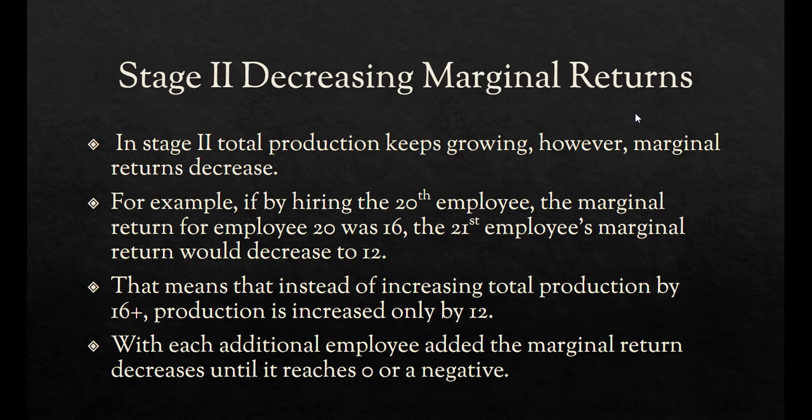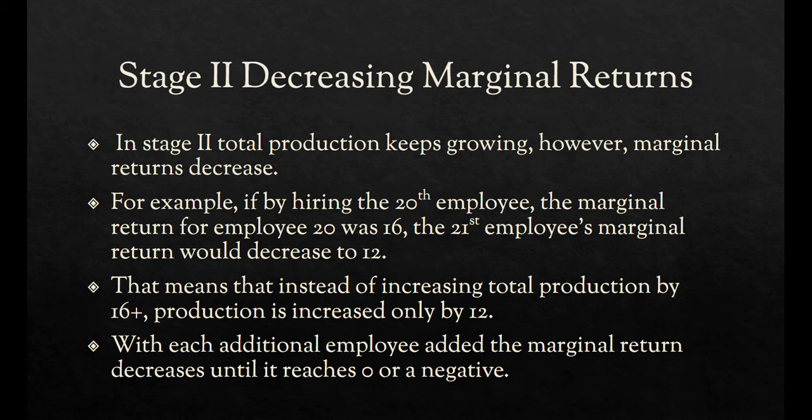So stage 2 is called decreasing marginal return. That's where in that chart the difference between the workers' production keeps decreasing. So in stage 2, total production keeps growing. However, the marginal returns are decreasing.